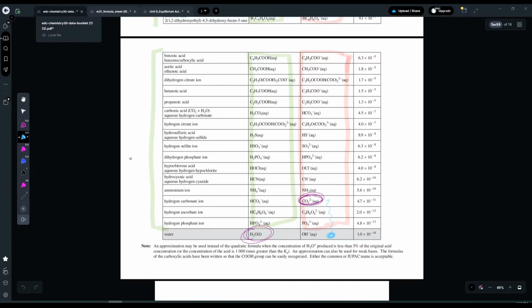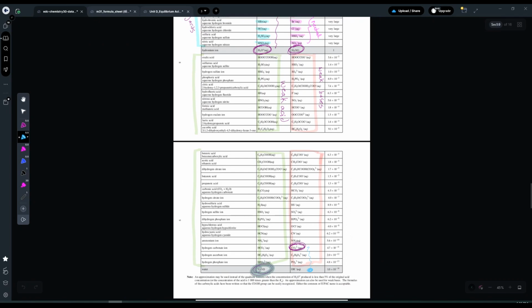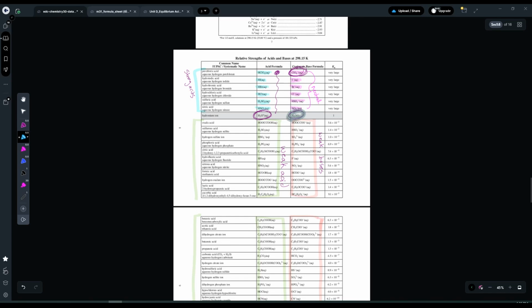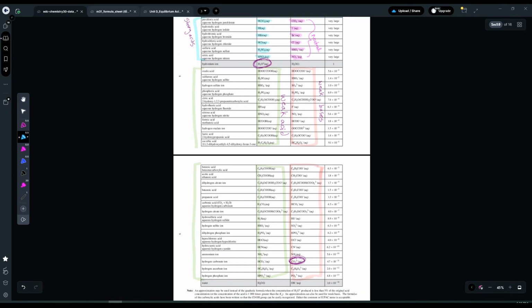Now, looking at my table here, so I'm going to erase what I didn't use. So if I look and compare the positions of the hydronium ions with the carbonate ions, you can see that my acid is above my base, which means that I can draw this downhill line.